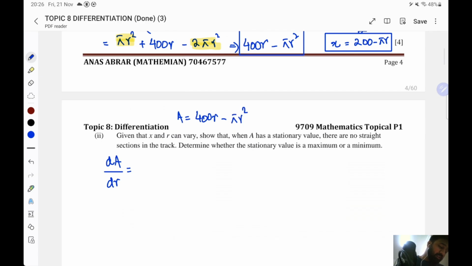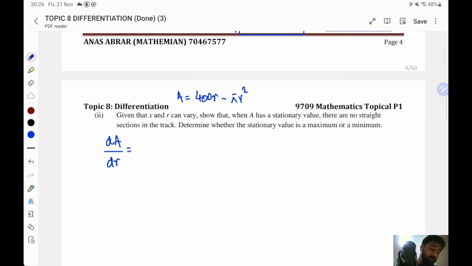If I find out for the stationary value, dA over dr will be 400 minus 2 pi r, and since we are interested in finding the stationary value, dA over dr will be equal to 0.